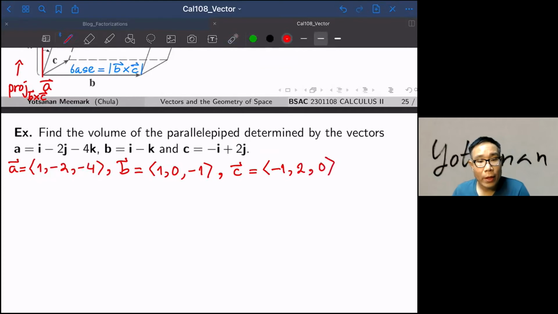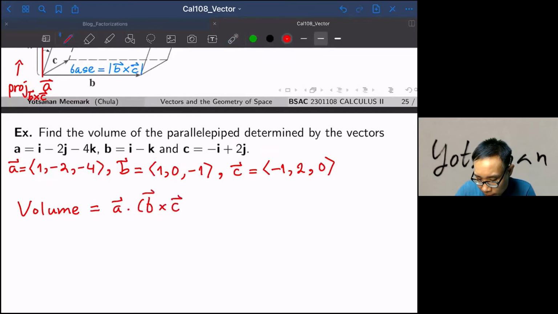So the volume turns out to be A dot B cross C, with absolute value.